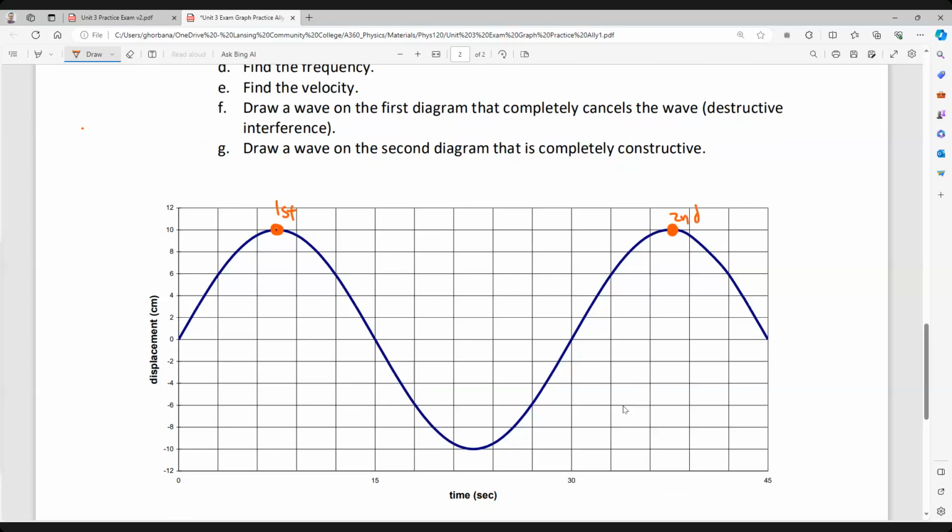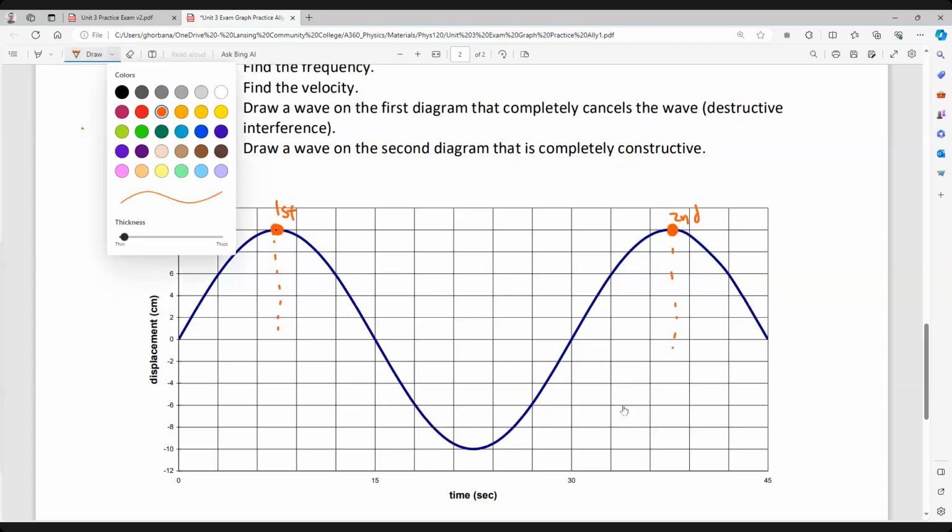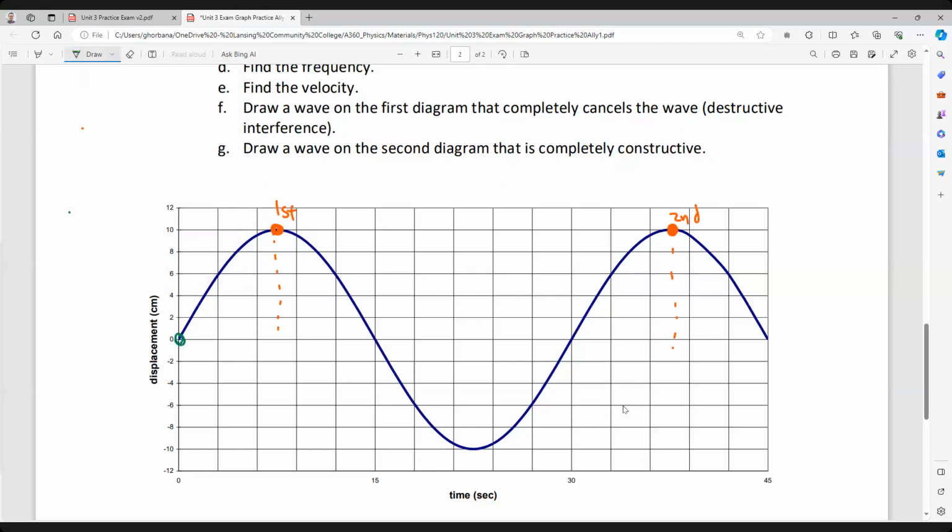And then these lengths give me the time, from here to here. What are the other 2 same points? Perfect. This is again 2 same consecutive points in the displacement over time graph.